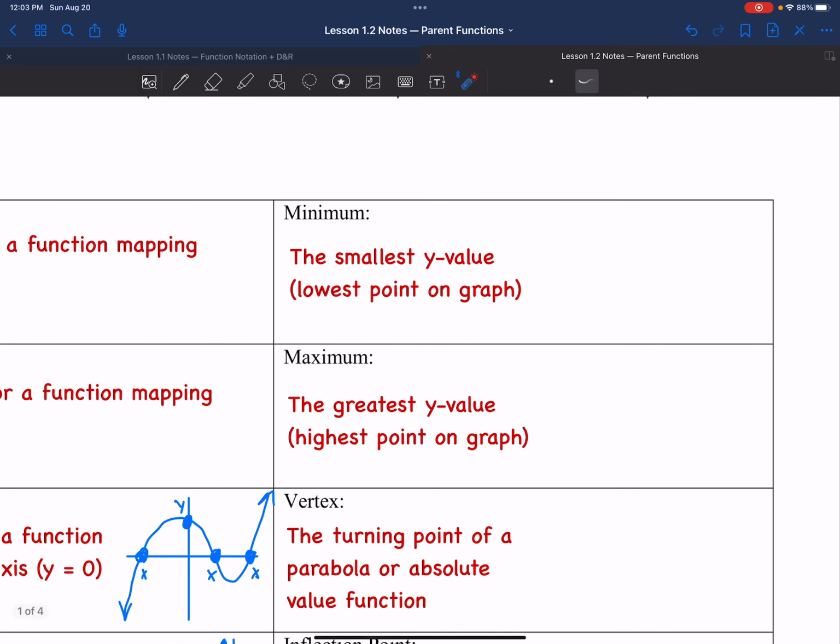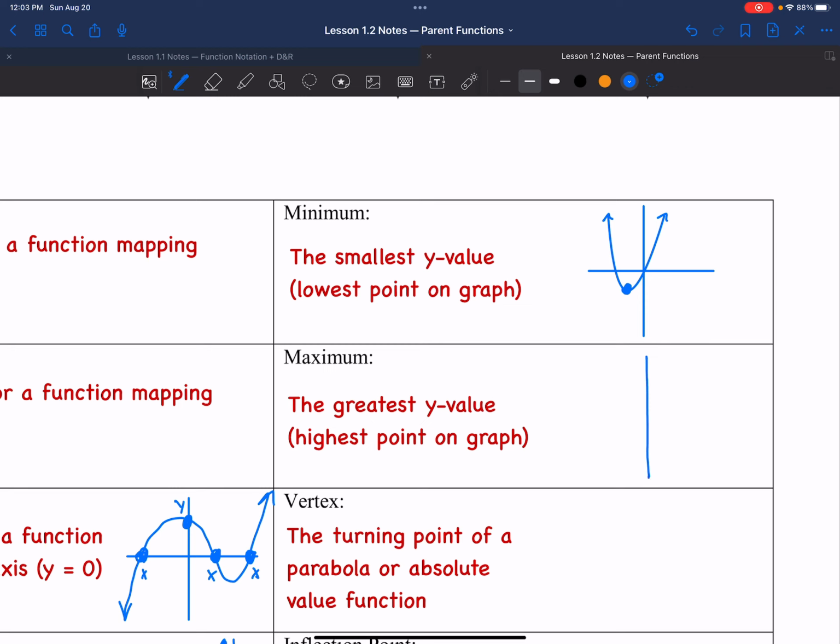A minimum is just the smallest y value. I'll draw a graph like this, and it's best exemplified with parabolas, honestly. If I draw a parabola like this, I say that's a minimum. And then a maximum would just be the greatest y value.